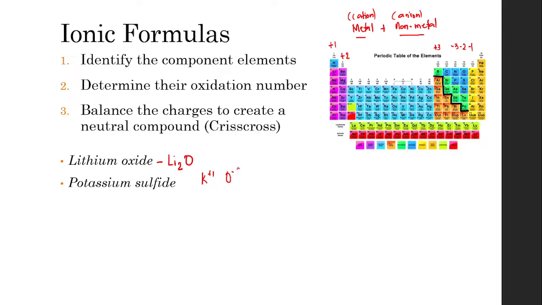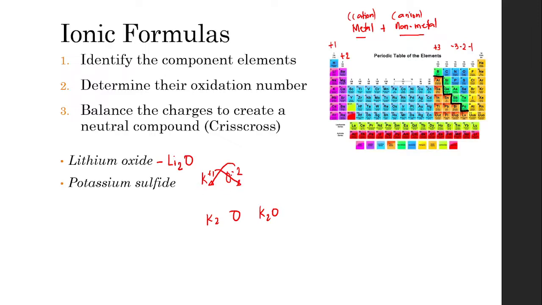So that's our -2. It means here we need 1 more potassium, which will give us K2, because we have 2 potassium and 1 sulfur. So we would have K2S as our potassium sulfide, which, going back to the crisscross method, just tells you that you can just place the number there.